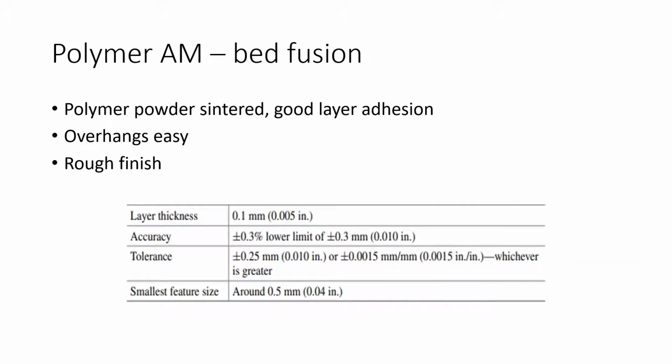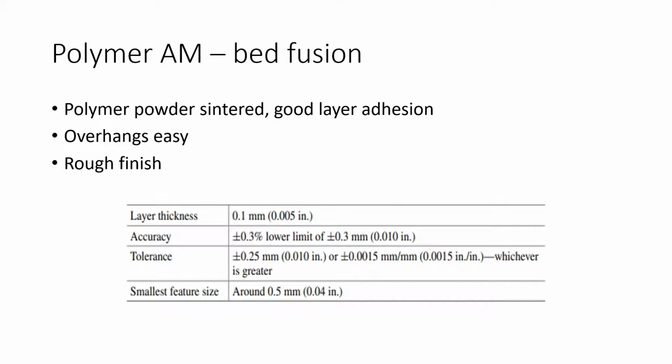Now, let's cover the bed fusion method for polymer additive manufacturing. This is when polymer powder is sintered, often using a laser or some other concentrated form of energy, and it's going to sinter these particles of polymer powder together.